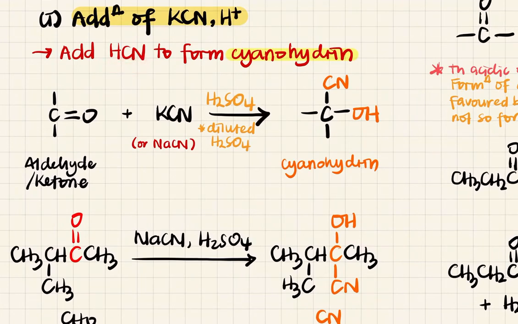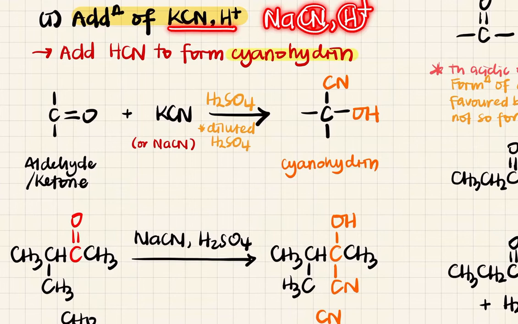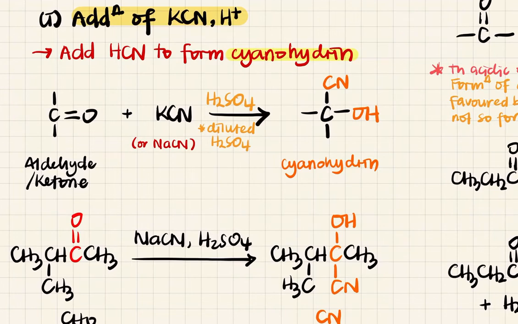This one can also be in basic condition. Ini pun sama juga, you will add HCN. Take note lah, dia bukannya awak add KCN, tapi awak add HCN to your carbonyl compound to form cyanohydrin. Cyano maksudnya the CN, hydrin means your OH.